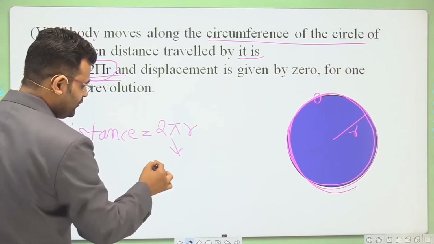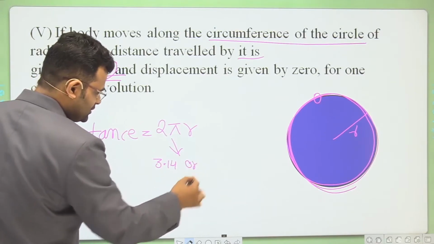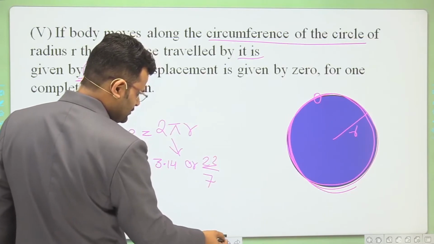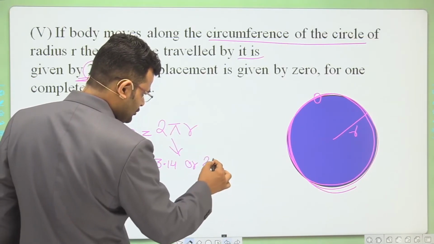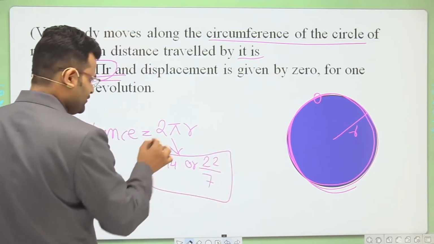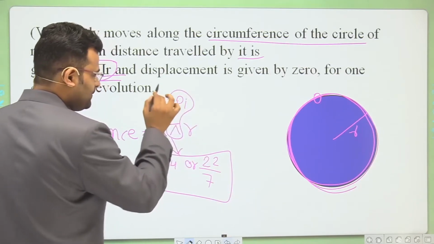Dear students, for the value of pi, you can use 3.14 or sometimes we use 22 upon 7. Both are values of pi. That is called pi. The symbol of that is pi.